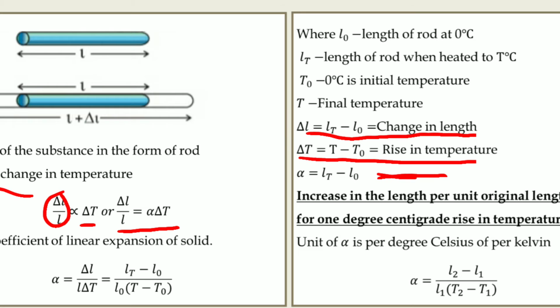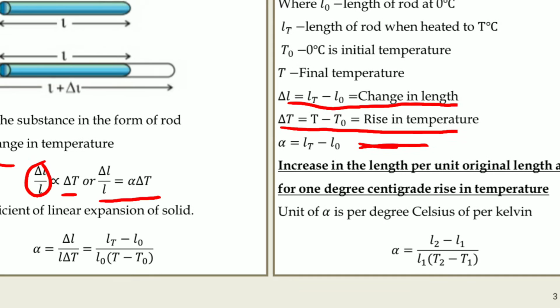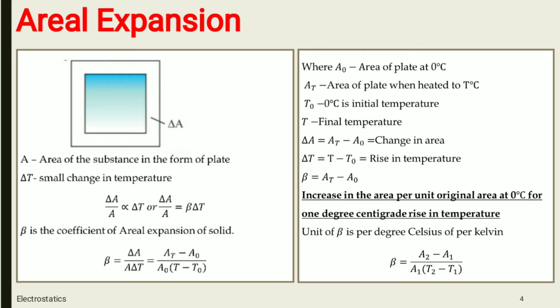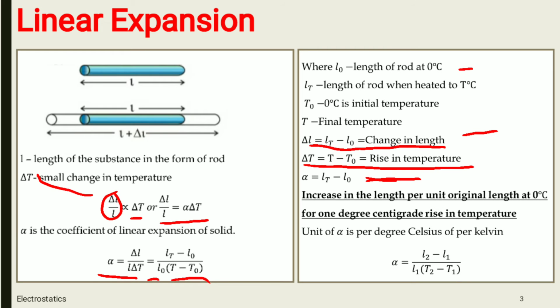So how will we define it? The increase in length per unit original length at 0 degree Celsius for 1 degree centigrade rise in temperature.